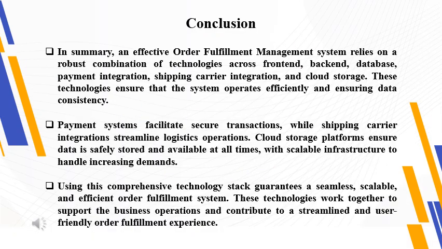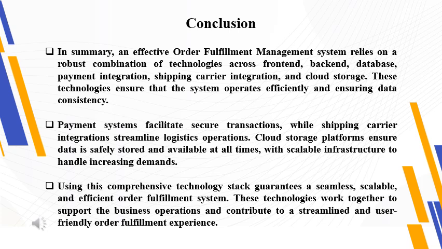In summary, an effective order fulfillment management system relies on a robust combination of technologies across front-end, back-end, database, payment integration, shipping carrier integration, and cloud storage. These technologies, such as React.js, Vue.js, Angular for front-end development, and Node.js, Django, or Flask for back-end development, ensure that the system operates efficiently.